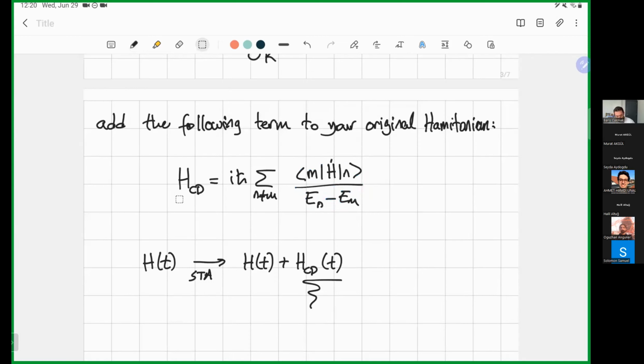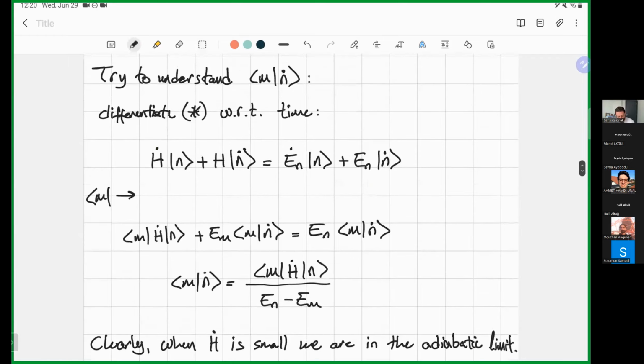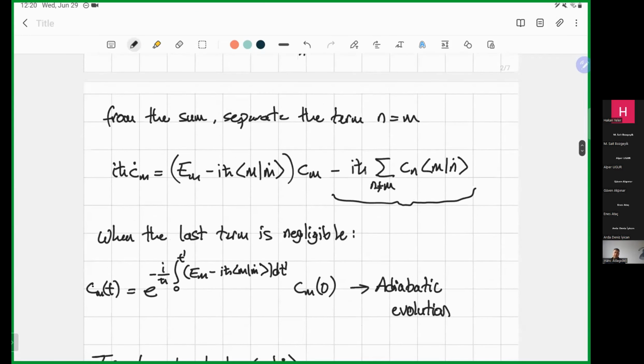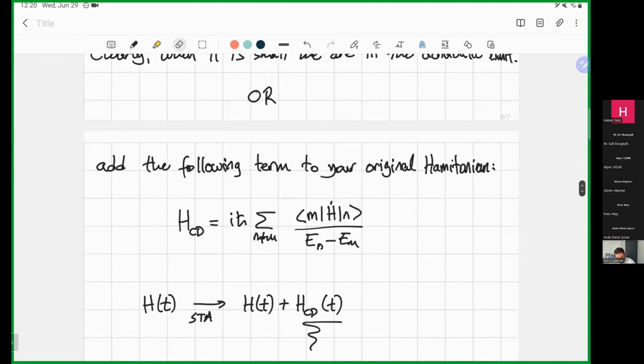The counter-diabatic Hamiltonian that cancels this problematic term and makes sure that we remain in the adiabatic limit at all times is obviously not given like this. This is just a number basically. We need a Hamiltonian. The actual thing is quite a lot like this, but I need to have one M here and then one N here. Sorry for this, I basically wrote it wrong.